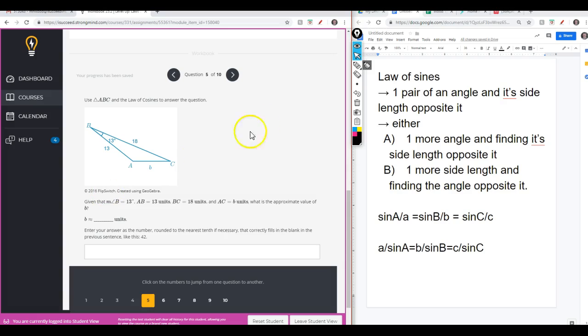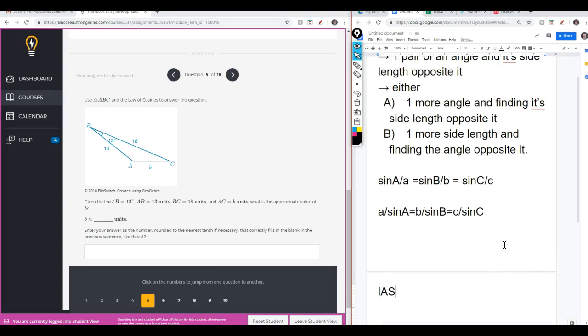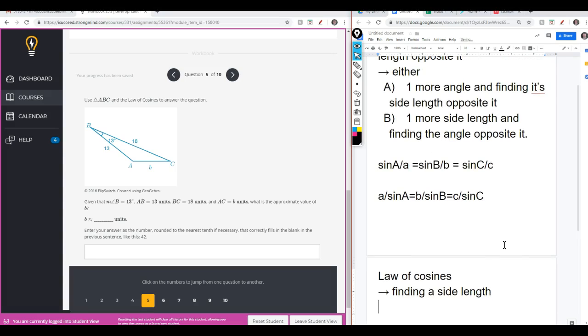Okay, so law of cosines, just to sum it up real fast: you're finding a side length in a non-right triangle.